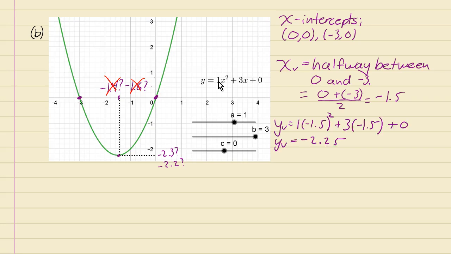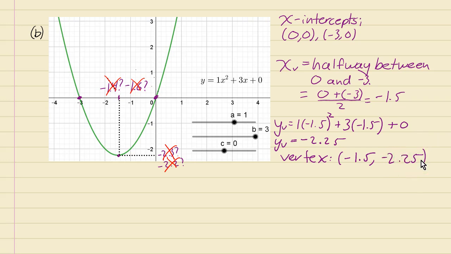I just took the x coordinate of this point, plugged it into the equation to find what y should be, and I got -2.25. So it wasn't quite either of these, it was halfway between those. And so we can say the vertex is -1.5 is the x coordinate, and the y coordinate is -2.25.